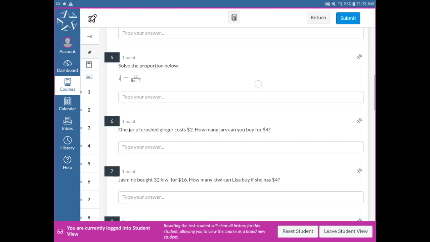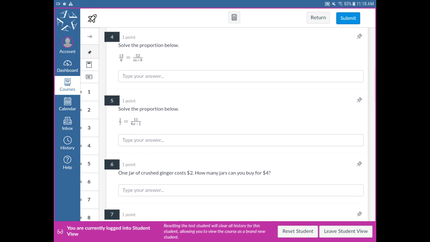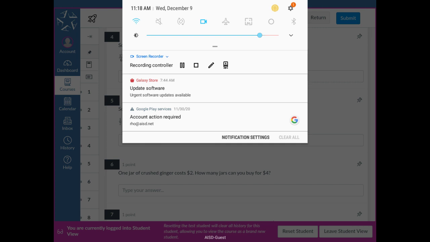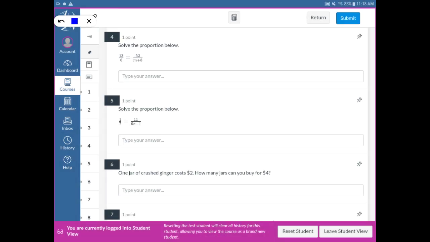That's those. When you have ones where you have to distribute, here you have 13 and m plus 8 is equal to 52 times 6.